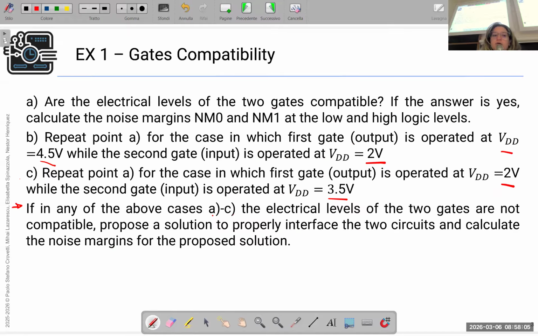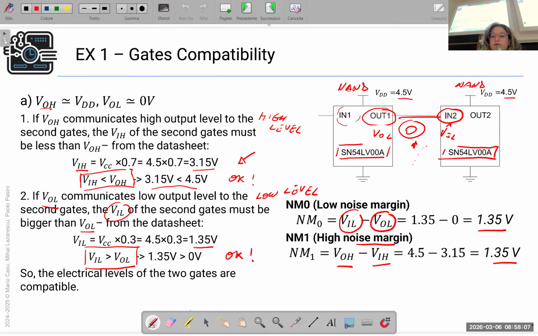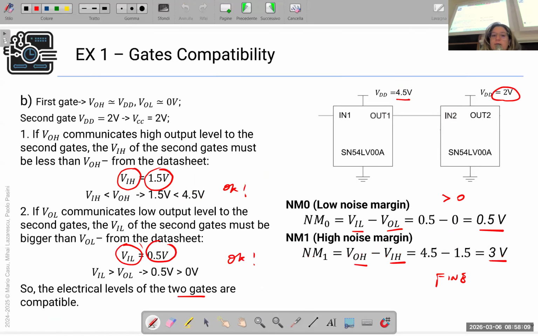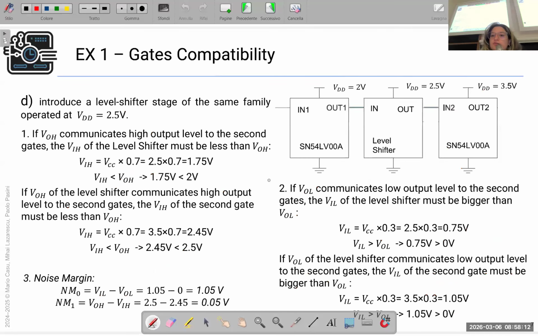So, in our case, only C requires something between them to make the two gates compatible. And we can use a level shifter. As the name suggests, it shifts the voltage so that it can be compatible with the second gate.